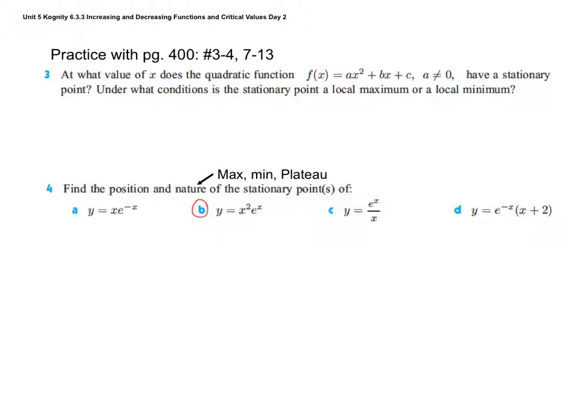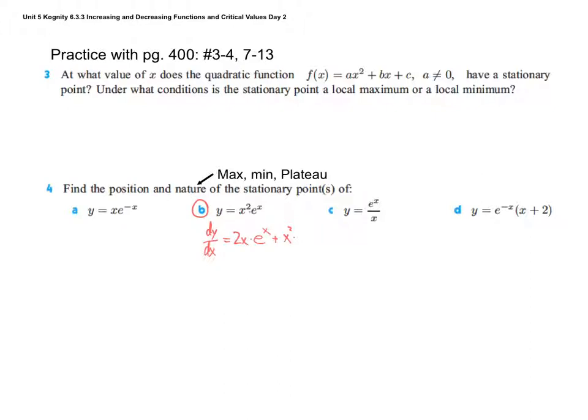So first of all, what do we have to do? Find the derivative. So dy/dx: to get the derivative, we're going to have to use the product rule because we have x squared times e to the x. So u prime times v plus u times v prime. What's the derivative of e to the x? E to the x.